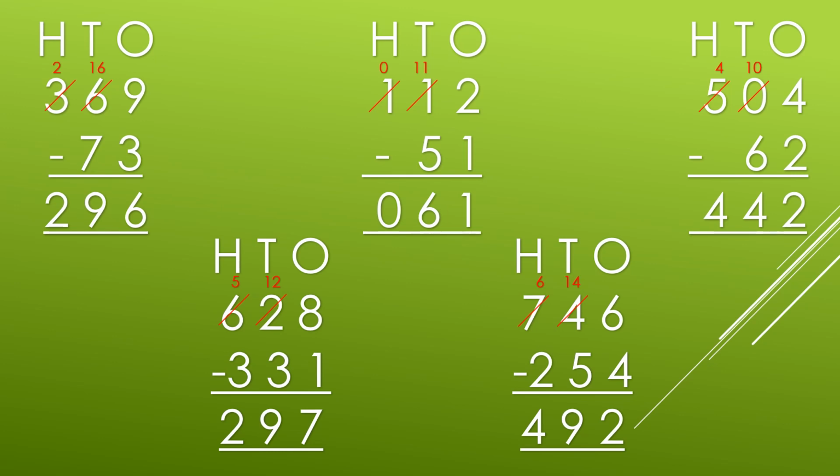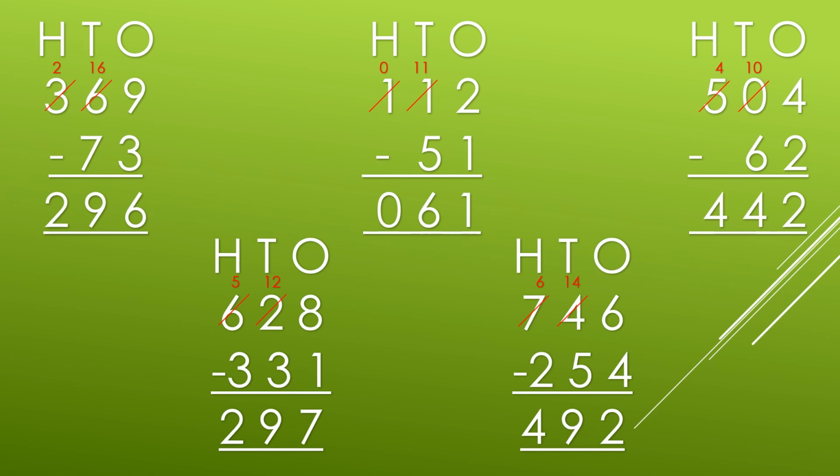Children, we cannot subtract 7 from 6, so we will borrow from 100. So in 100, 3 becomes 2 and in tens, 6 becomes 16. 100 means 10 tens. 10 tens plus 6 tens is equal to 16.